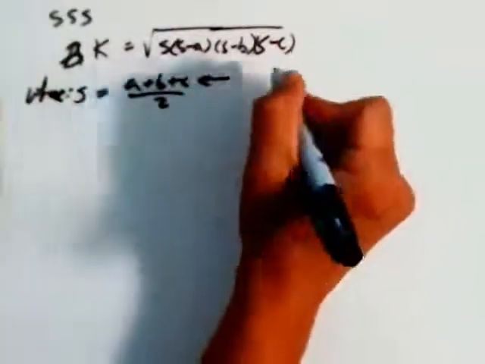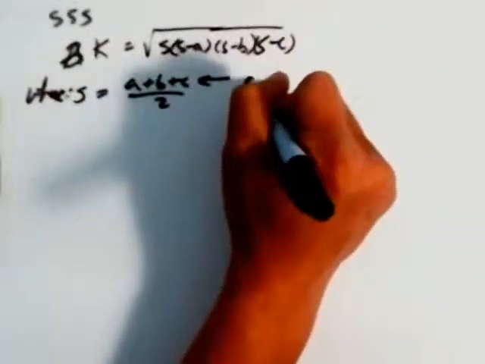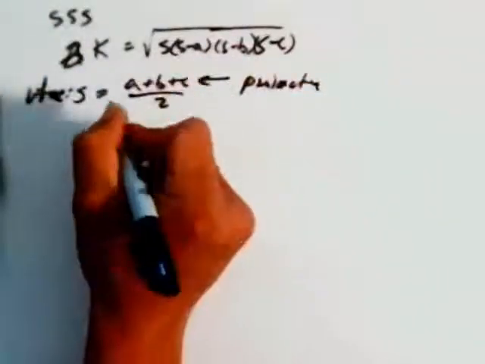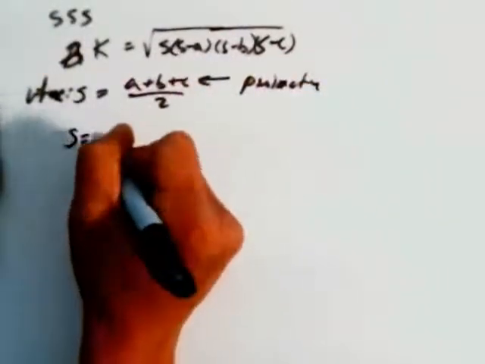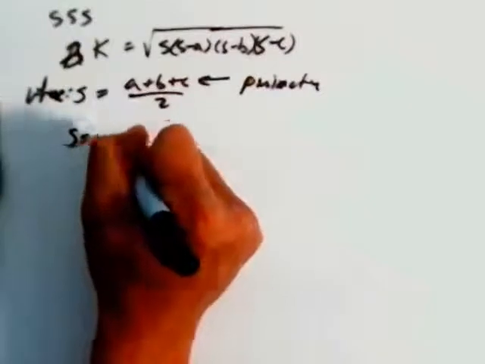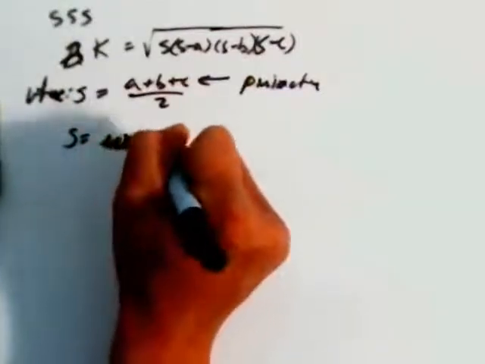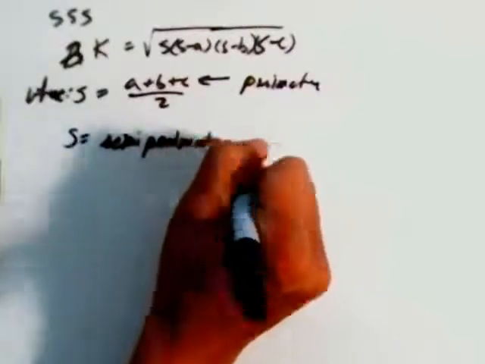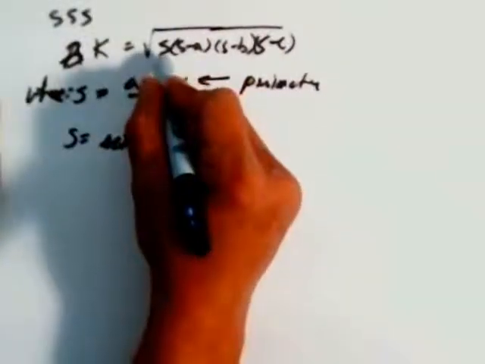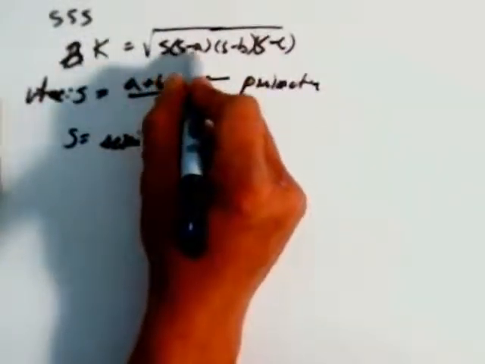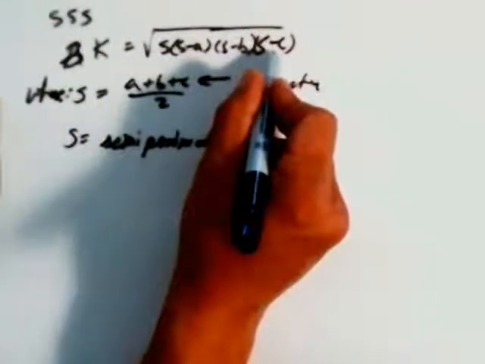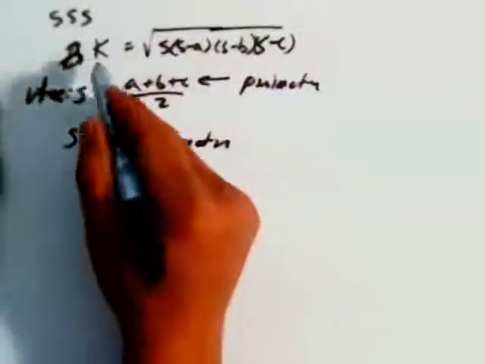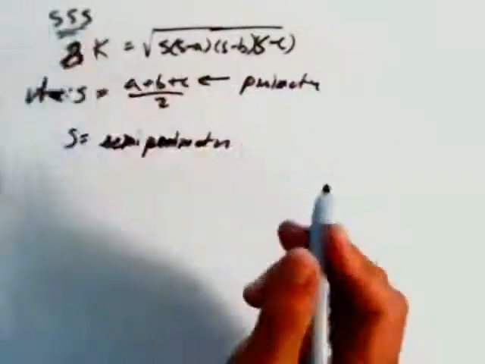The length of that, a plus b plus c, is called the perimeter, right? So s is called the semi-perimeter. So find the semi-perimeter, subtract it by a, subtract it by b, subtract it by c, find the product, and then take the square root, and that's what your area is given the three sides.